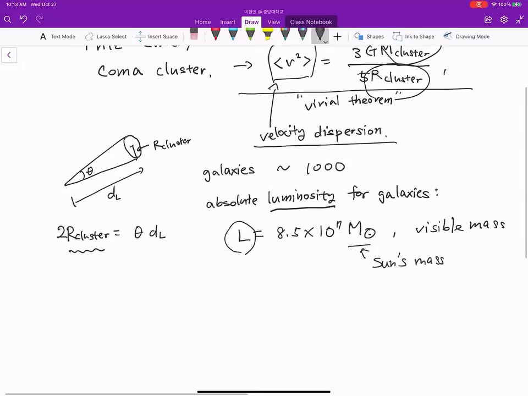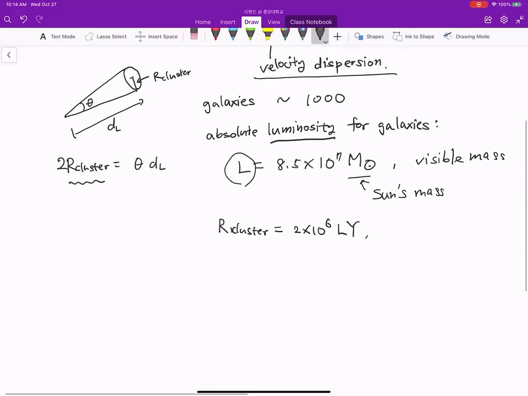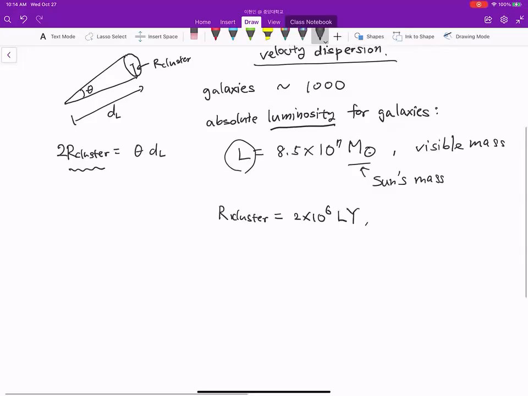And then at the time, the cluster radius was about 2 million light years. So instead of the light year, we use the parsec to measure distance in astronomical units. So 1 parsec, this is parsec.